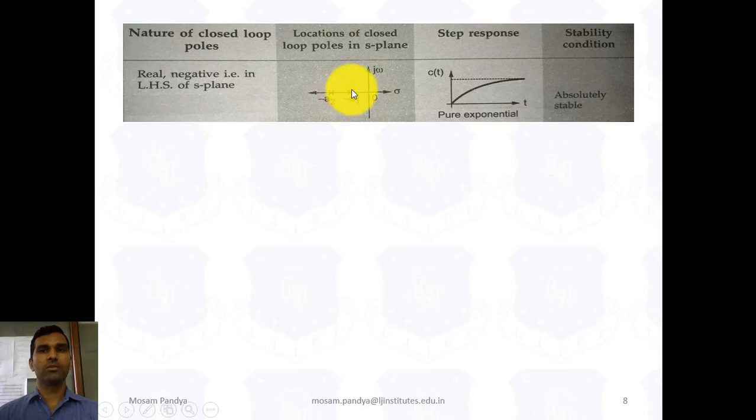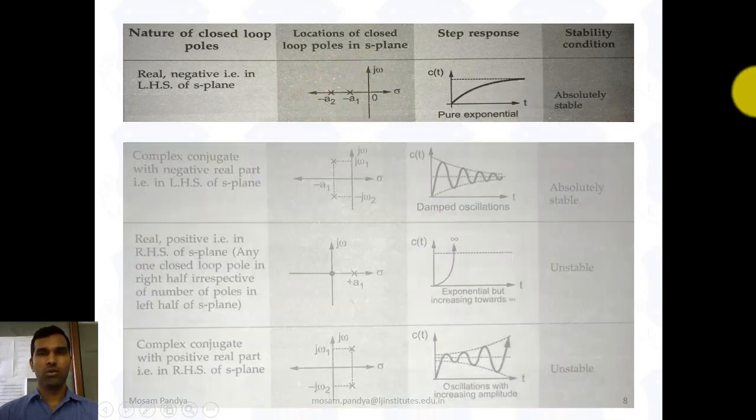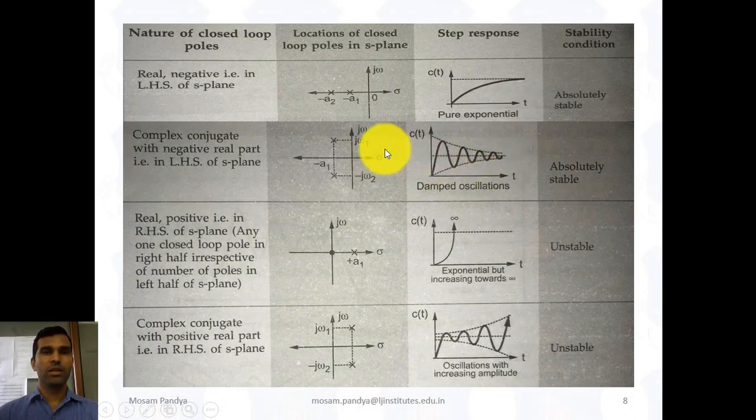That figure is called stable, or in other words absolutely stable system. And this is the transfer function representation of that system. This is a stable system if the pole is present in the left hand side.